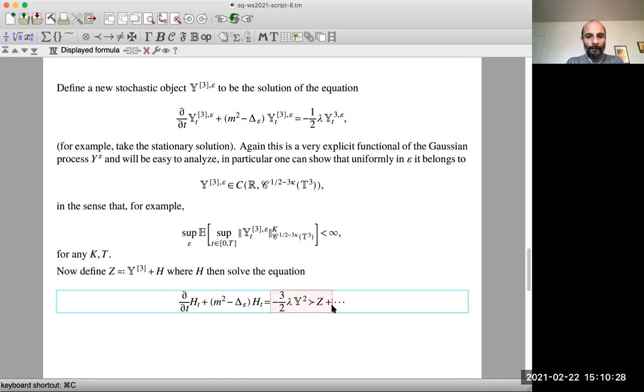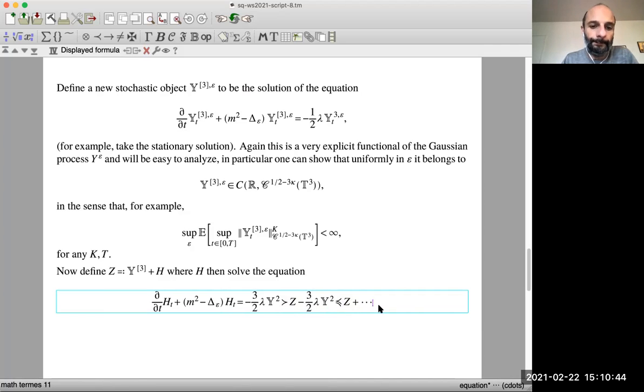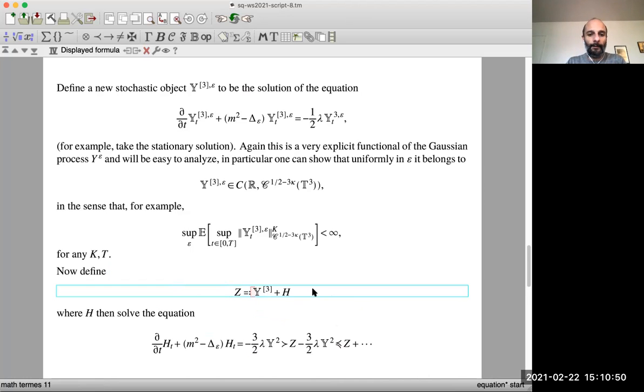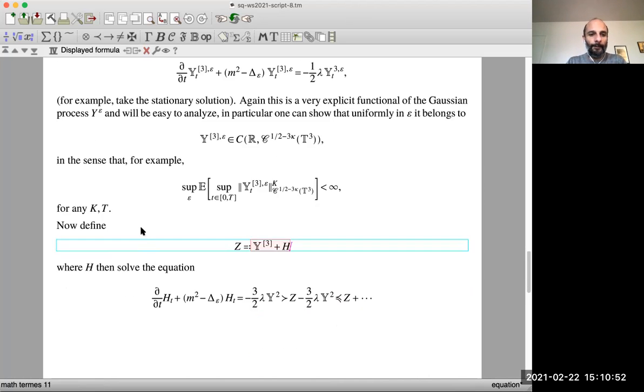Let me write what I said: I decomposed the paraproduct into 3 terms, for example, and then you have all the other terms. And z of course you can leave it, but remember that z is defined just as this sum.